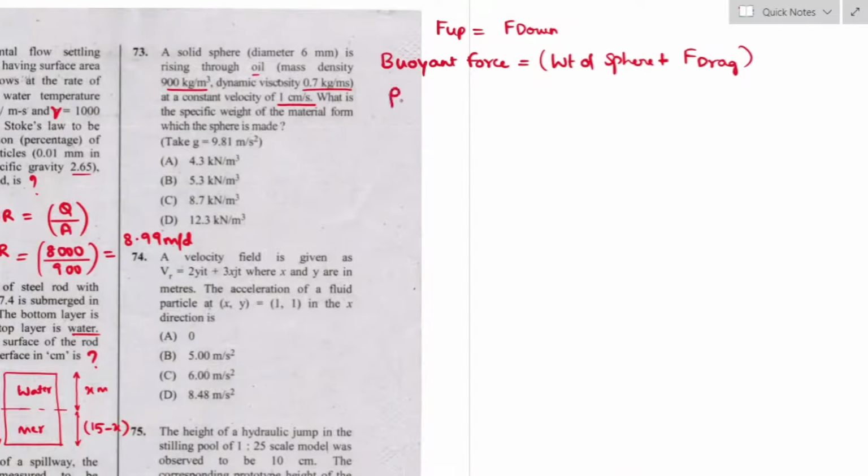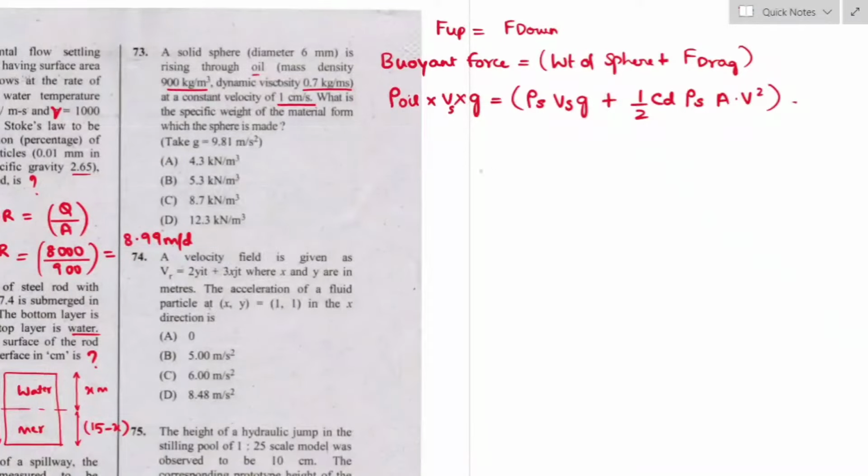Buoyant force is given by density of the oil, volume of the sphere into acceleration due to gravity. Weight of the sphere is density of the sphere, volume of the sphere into acceleration due to gravity. Drag force is half times coefficient of drag, density of the sphere, area of the sphere into constant velocity.